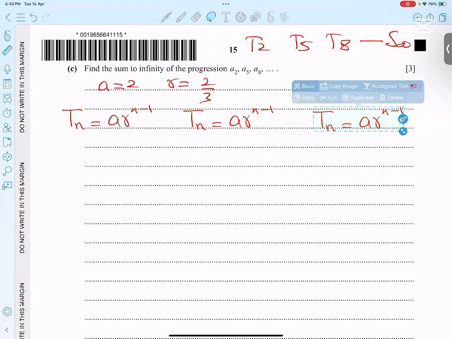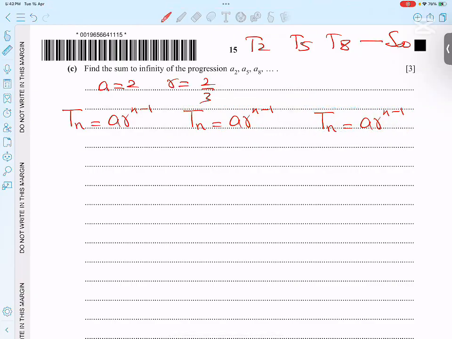I can do it easily, but when I plug in 2 here, a is 2, r is 2 over 3, and 2 minus 1 is 1, so T2 is 4 over 3.